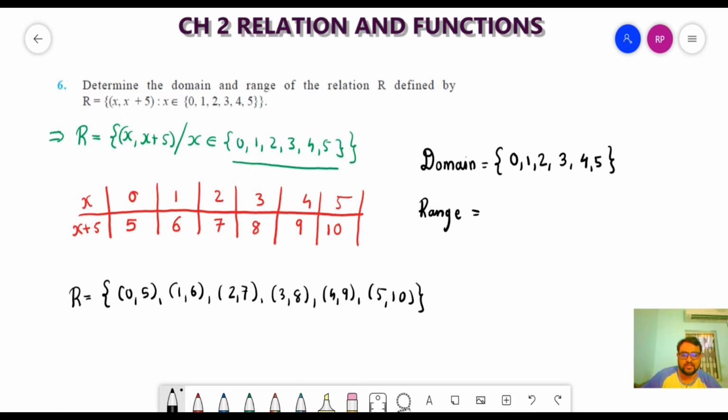These are called the images. And if I want to say it the other way, 5 is the pre-image of 10 in this case. But the range consists of images. So that will be equal to 5, 6, 7, 8, 9 and 10. These are the domain and range. Clear? So note down question number 6.